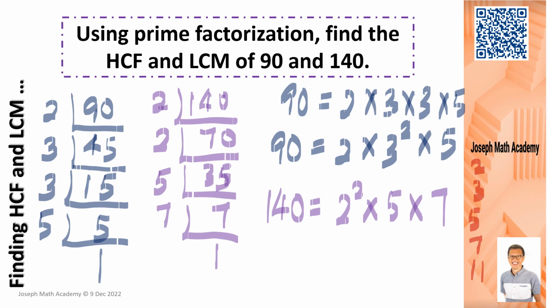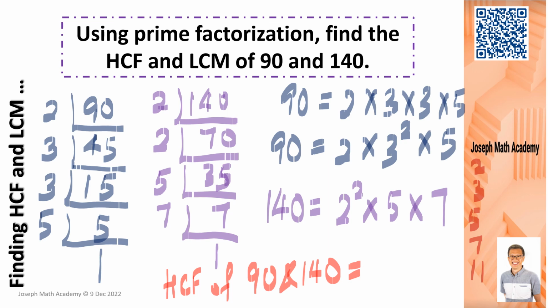Now, from here, I can already look for the highest common factor of the two. So the HCF of 90 and 140 should be what?